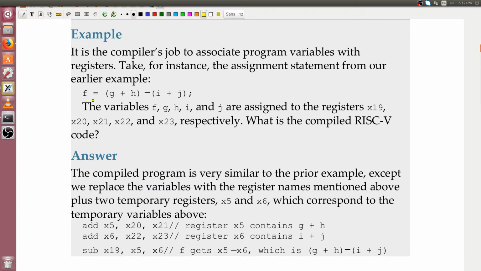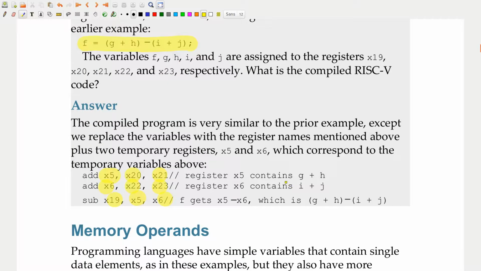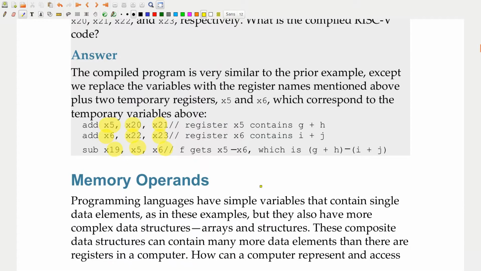Okay, so here we're going back to the same example that we did earlier, where f is equal to (g + h) - (i + j). They redo this example, but this time, instead of using the variable names, they're using registers. So this is a fairly interesting concept.